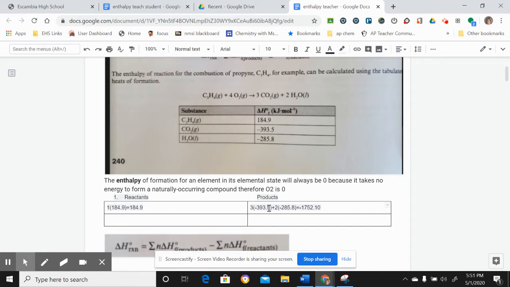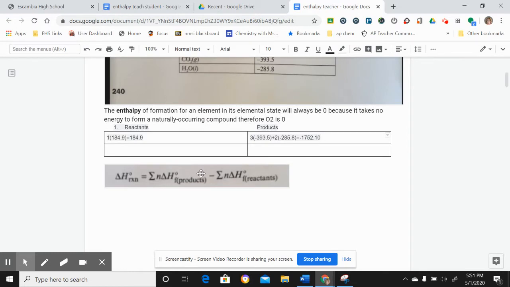Now to solve for my equation, we're going to take products minus reactants. So I'm going to take my negative 1752.10, and I am going to subtract my reactants, which was 184.9.